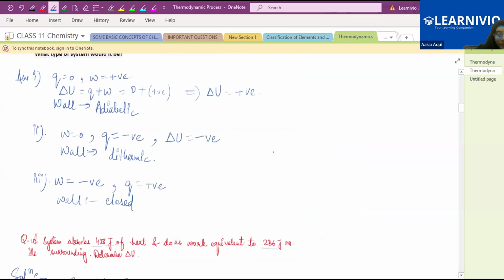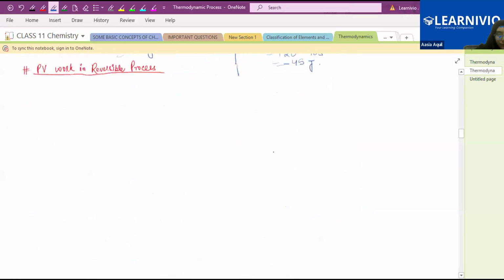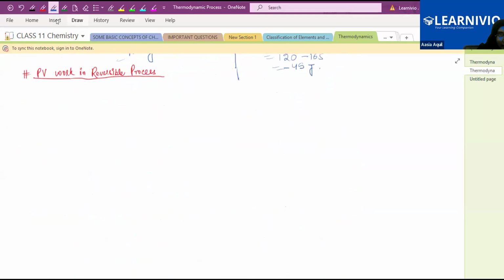So let's say at equilibrium, we will derive something here. At equilibrium, P external will be equal to P internal, right?